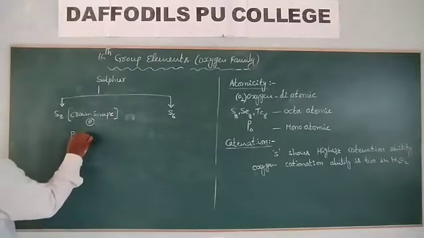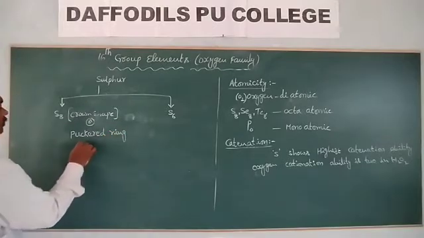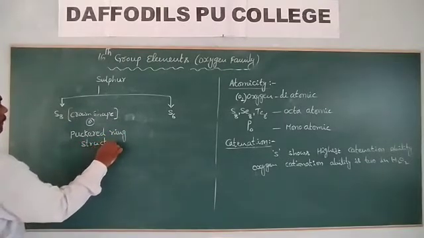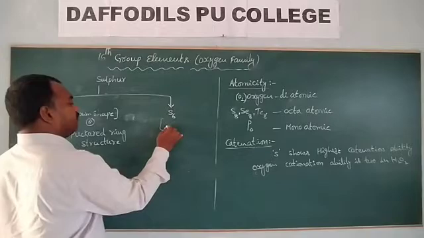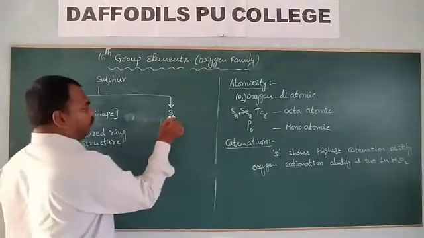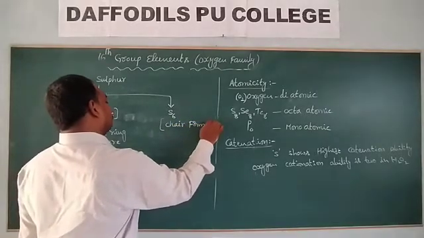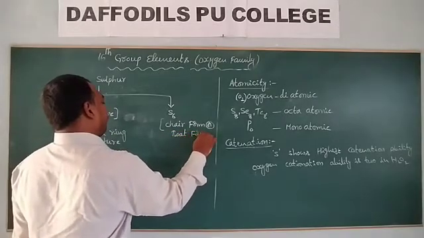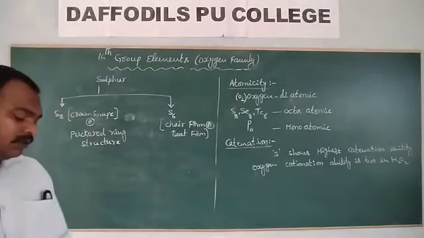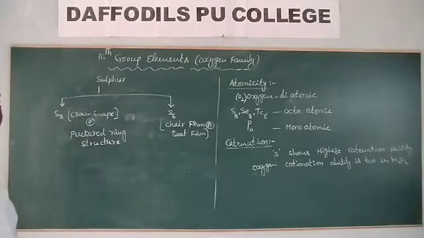Upward ring structure. In hexaatomic molecule, sulfur is either in chain form or in boat form. As an octaatomic molecule, sulfur is in crown shape.